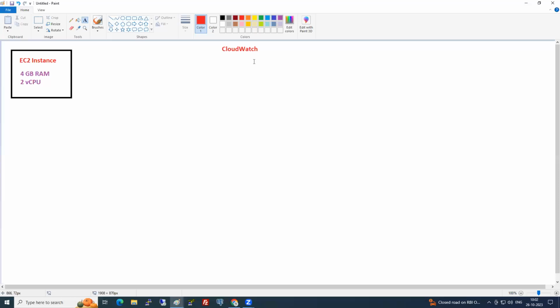Everything it will monitor. Can I say CloudWatch is used to monitor all AWS resources? Is it specific to only EC2? No, it is for all services.